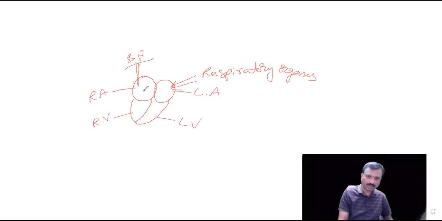See here, this deoxygenated blood comes to the right ventricle. From here it goes to the respiratory organs.